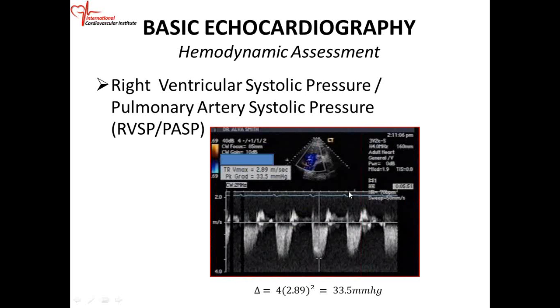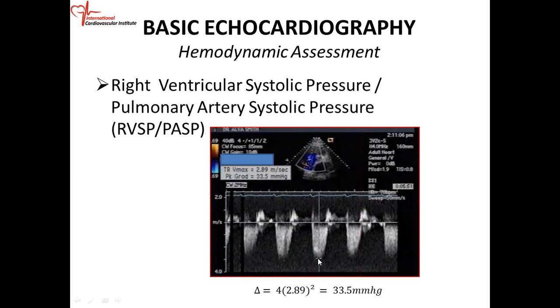Remember your ECG is on top. Systole is from the onset of your QRS to the end of the T wave. So you have this constant systolic flow, which is your tricuspid regurgitation. The peak velocity is the velocity we're talking about. That's your tricuspid regurgitation velocity.